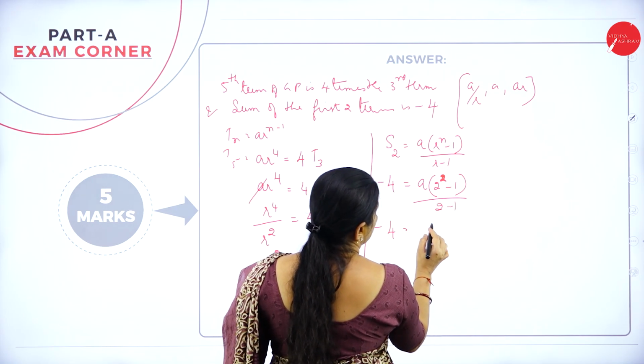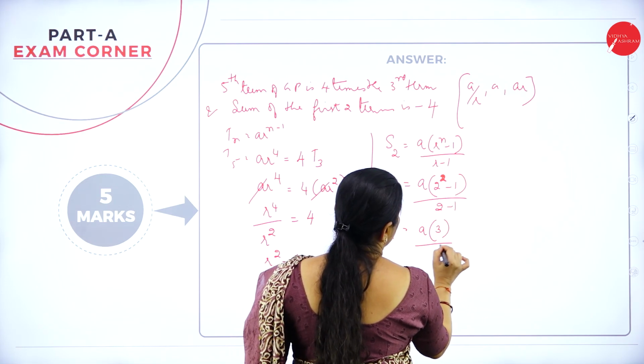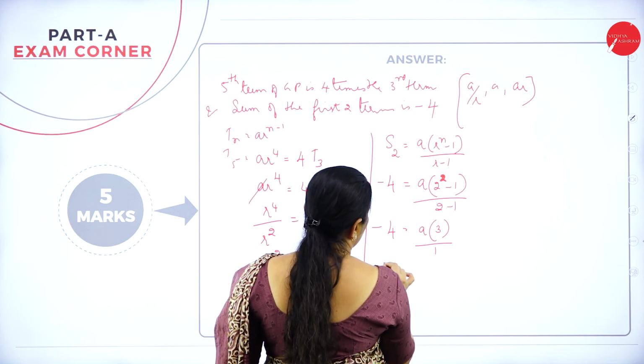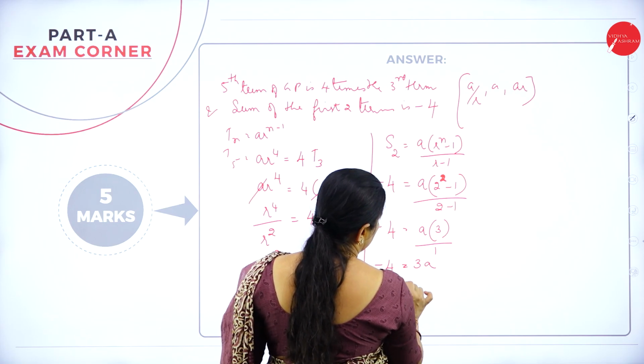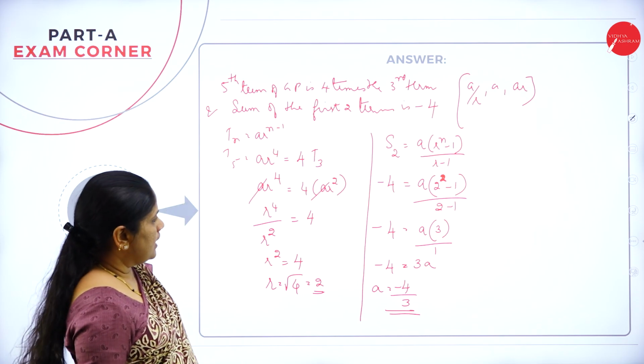So minus 4 will be equal to A into 4 minus 1, which is 3, divided by 1. So minus 4 equals 3A. A will be equal to minus 4 by 3. So this is the answer.